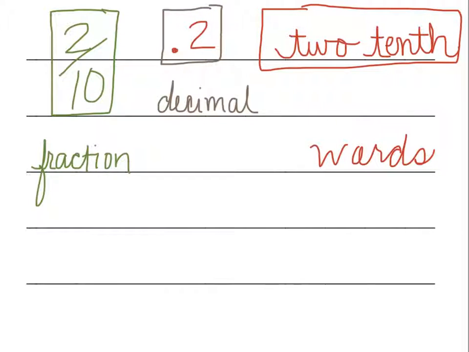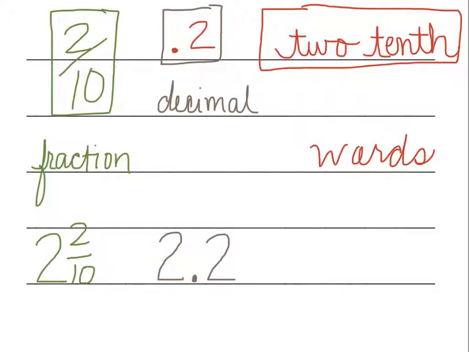So the same thing would go if we had 2 and 2/10. Now if we make the next step to write it as a decimal, we have a whole number of 2 and 2/10.